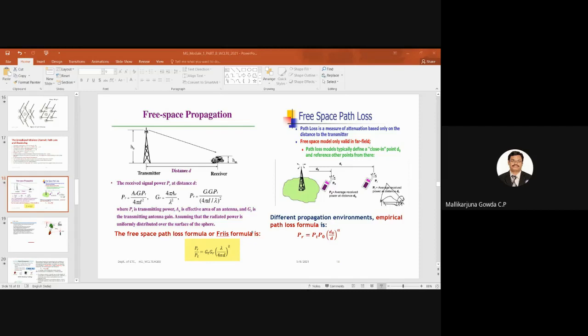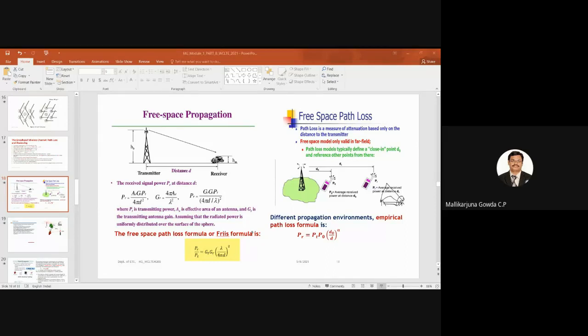And this is with the actual mobile receiver. So the empirical path loss formula for different propagation environments is this: received power is equal to Pt into P naught times D naught by D to the power of alpha. To understand how they arrived at this, it was measured and they concluded this equation.